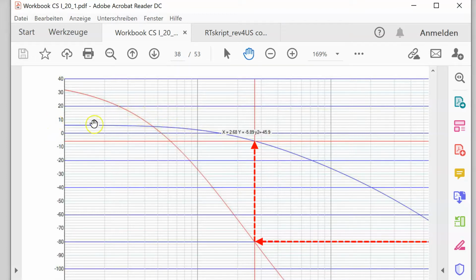This is different if we have an integrator. So look for the project number 4 in the end of this lecture. Then we have a process which has an integrator. Then we have here a gradient of minus 20 dB over decade.